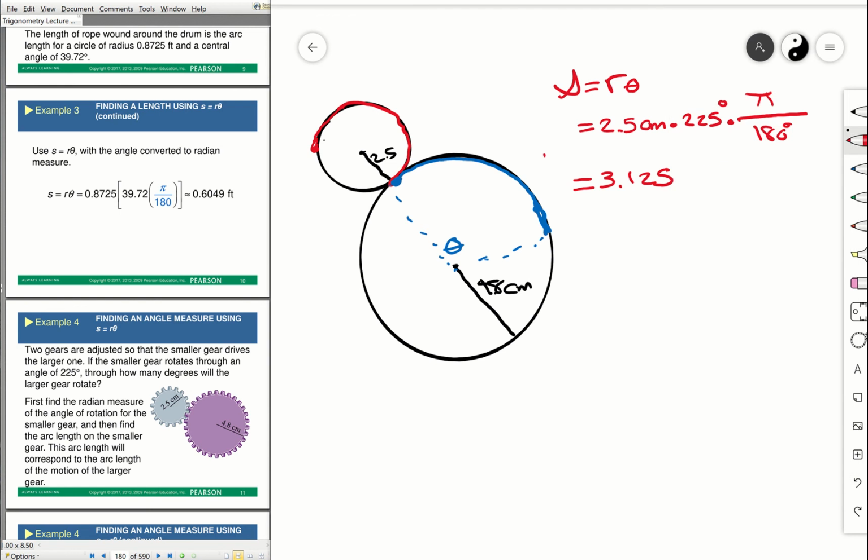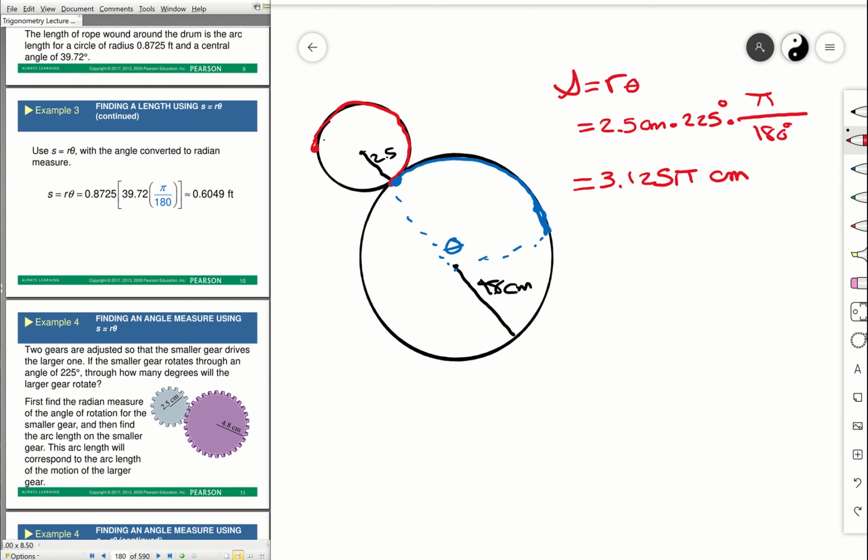And that's going to be multiplied by pi. And the unit is, of course, centimeters. So now we know the length of the distances traveled by the blue dot and the red dot. They're the same distance.